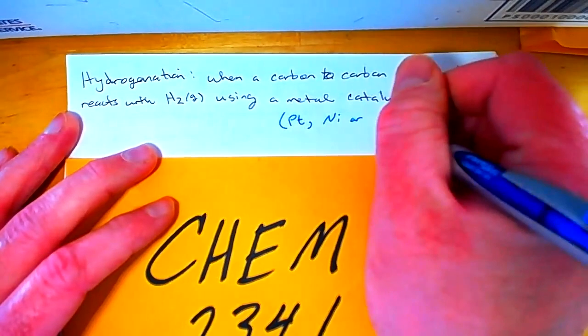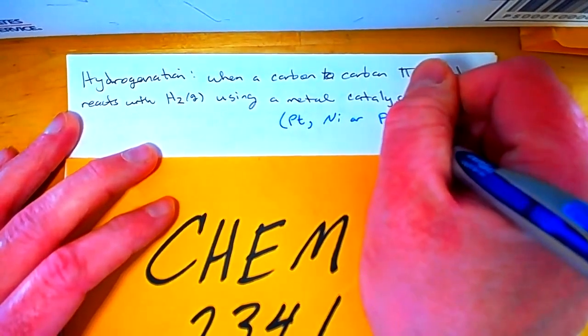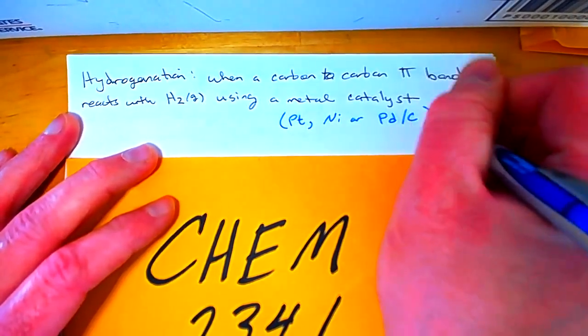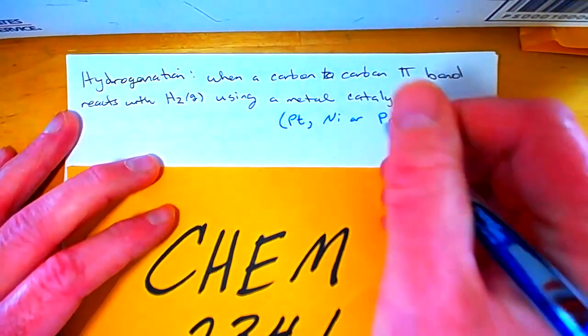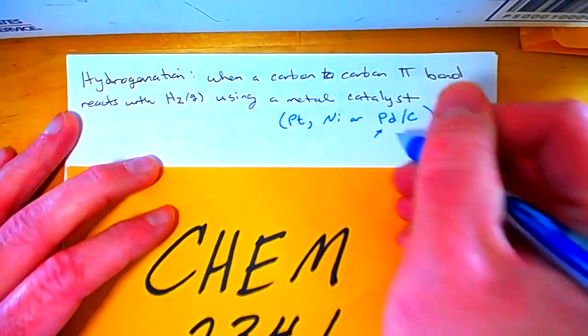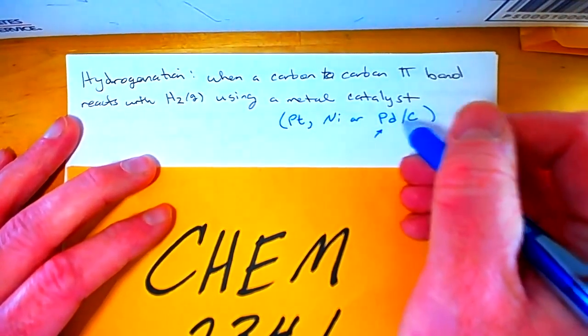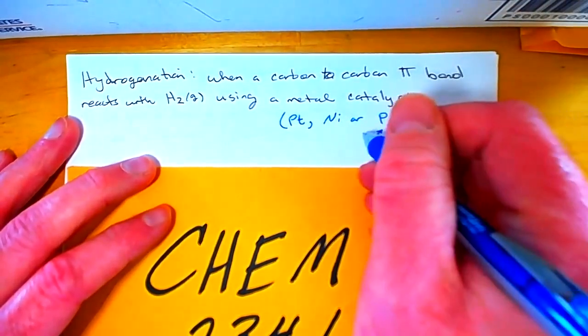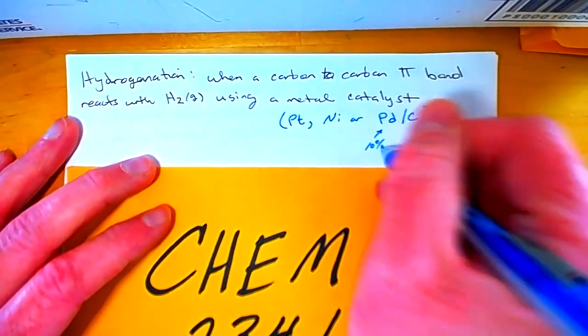And probably what is most commonly used is a mixture of palladium on carbon. Now, palladium isn't very cheap, but it can be ground up very well with charcoal, and you can make a 10% palladium, 90% carbon mixture, which does a very good job and isn't very expensive.